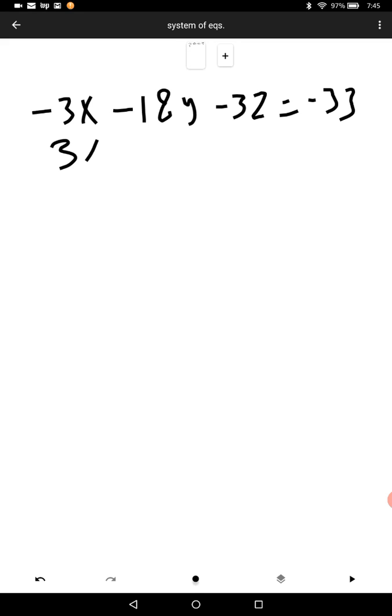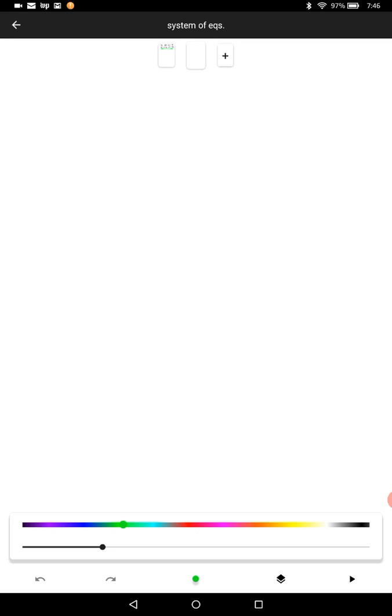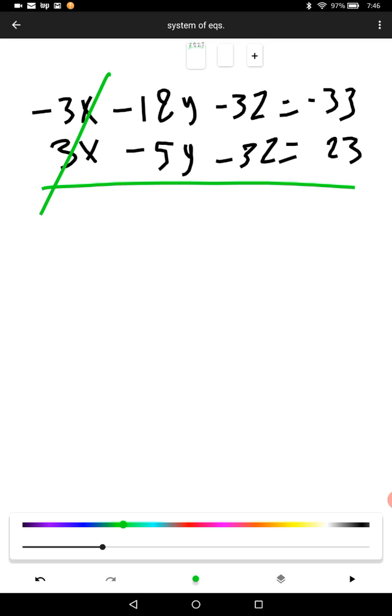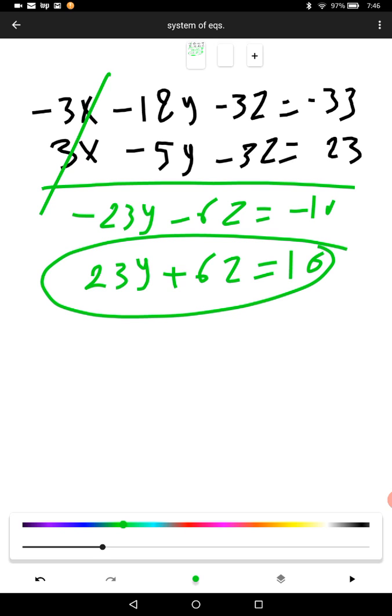The second equation is 3x minus 5y minus 3z equals 23. Now we add both equations, cancel out 3x, so you have negative 23y minus 6z equals negative 10. You can write it as 23y plus 6z equals 10, dividing all by negative. This is 10, I'm sorry.